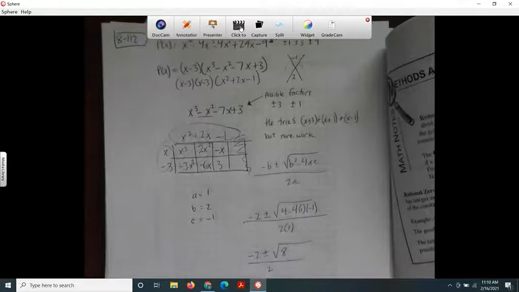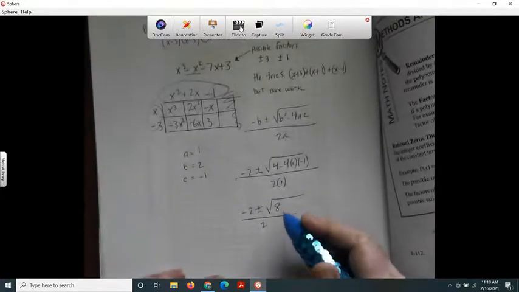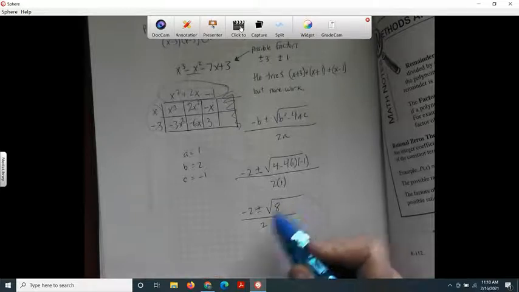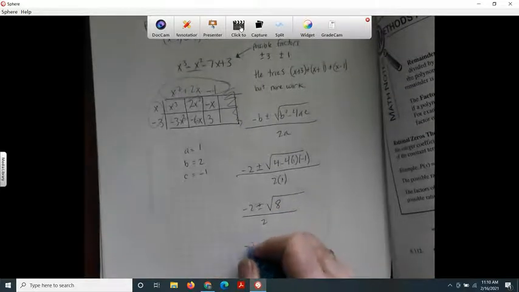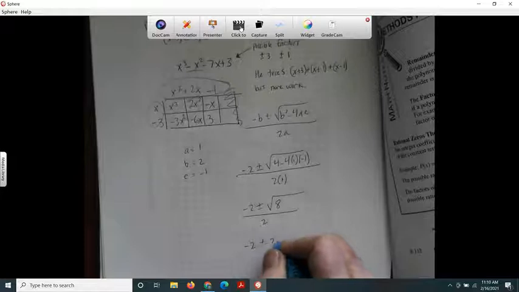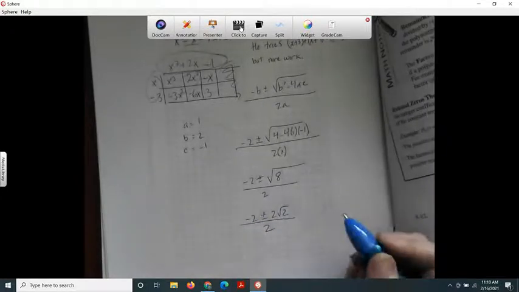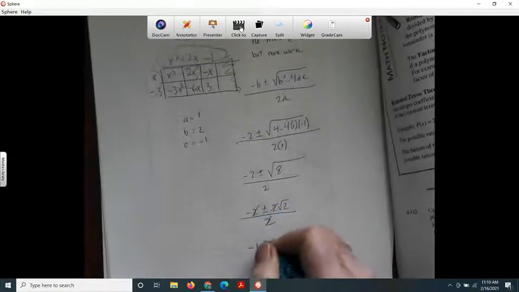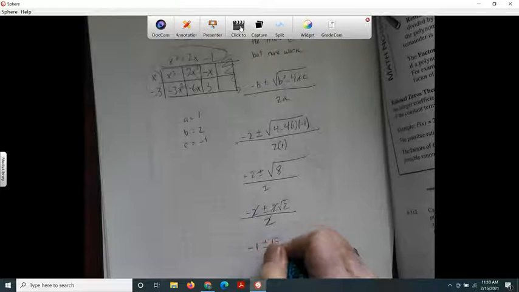And the square root of 4 is 2. And then I can cancel out my 2's. And I get -1 plus or minus root 2. And that is where those little decimals were on our quadratic.